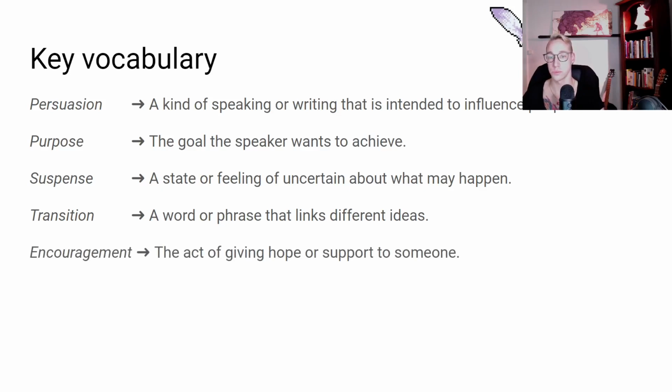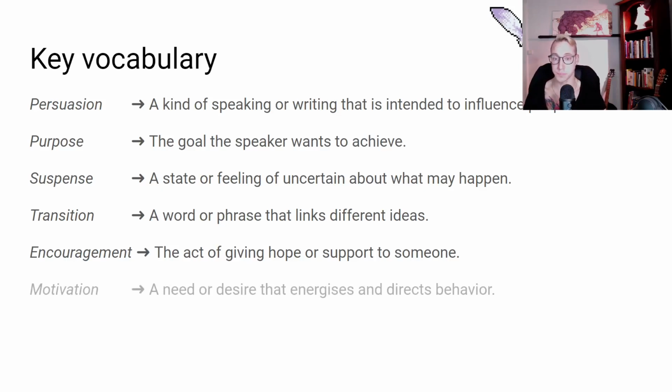And also we are going to be speaking about encouragement. And here the idea is that you want to encourage someone to have a sense of hope, or you want to support someone in order for them to achieve whatever you want them to do.